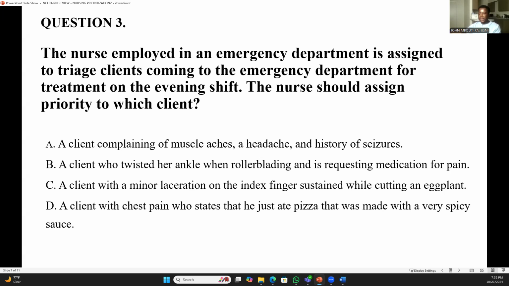C says a client with a minor laceration on the index finger sustained while cutting an eggplant. D says a client with chest pain who states that he just ate pizza that was made with a very spicy sauce. Now I think these are four different clients.